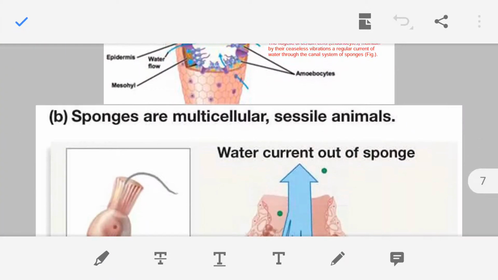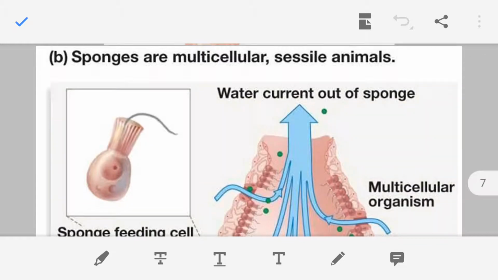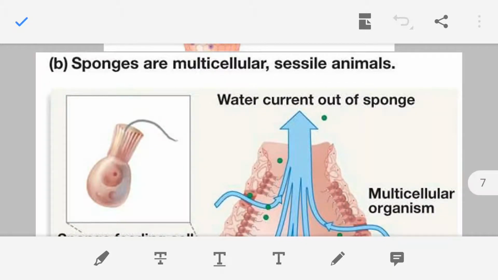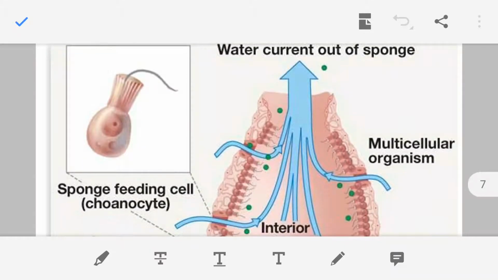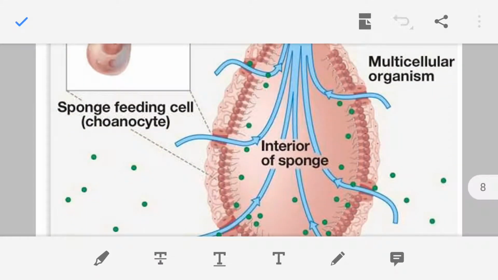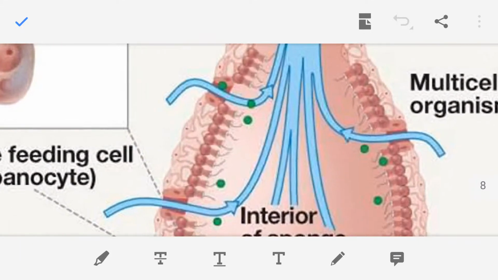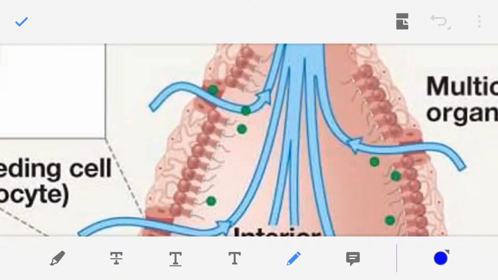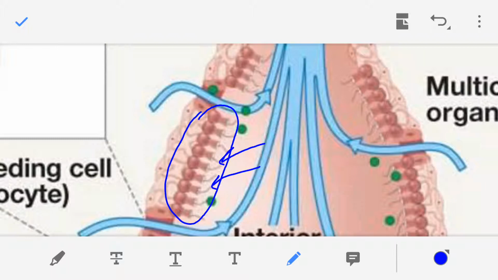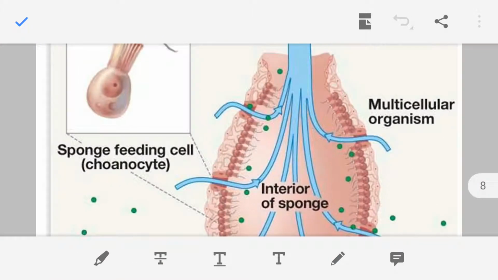Now what is this flagellum doing, how does the flagellum of the choanocyte cell help the sponge? See, these are all choanocyte cells, and as you can see they have flagella.